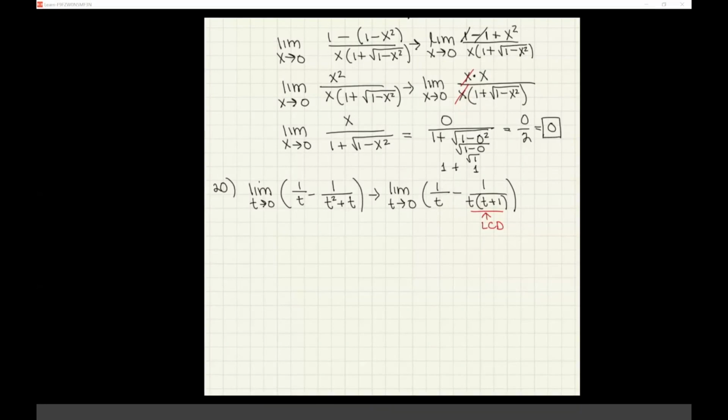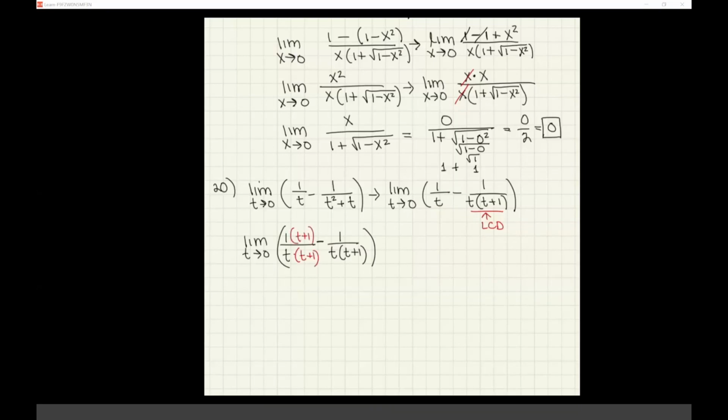Okay, so let me rewrite my limit statement. I'm going to leave my second fraction alone because that's got the right denominator. Okay, and here's what I'm doing with the first fraction. I'm going to multiply the numerator and the denominator by t plus 1.